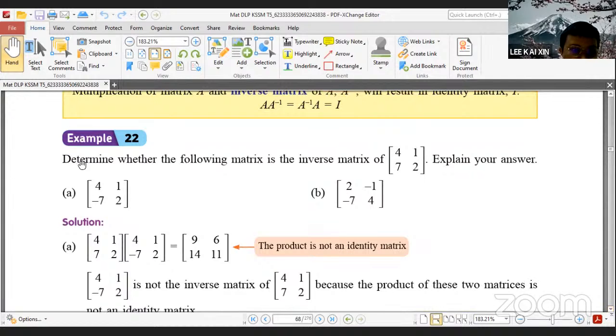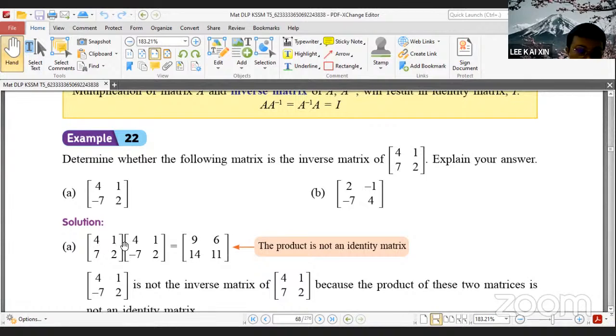Okay, like example 22, determine whether the following matrix is the inverse matrix of 4, 1, 7, 2. Explain the answer. Okay, this one, whether it's the inverse matrix of this one.